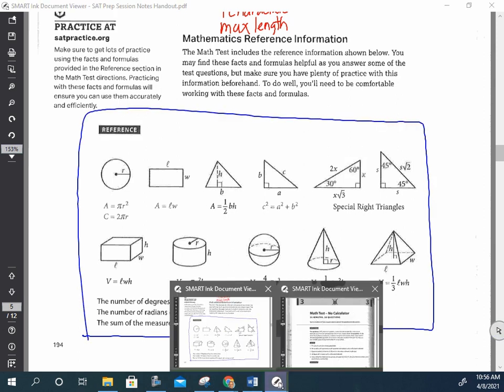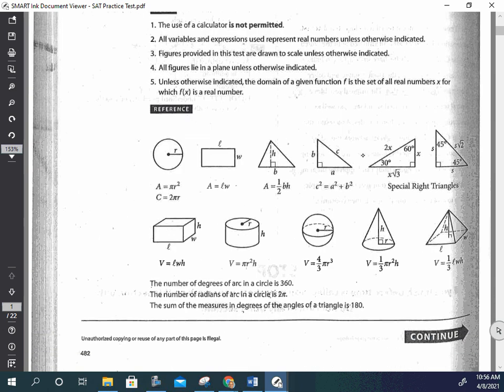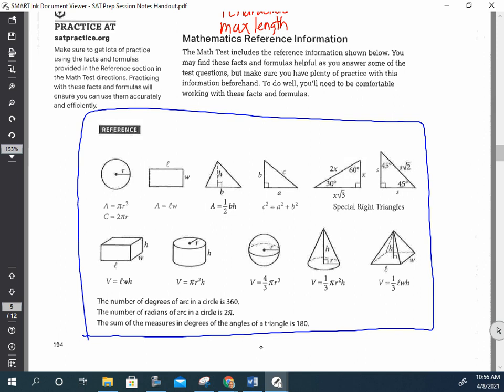On the practice test that I'm giving you, the formulas are right there. You are expected to use them. They give them to you. So all you have to do is know how to use them. But you will get those formulas for free.